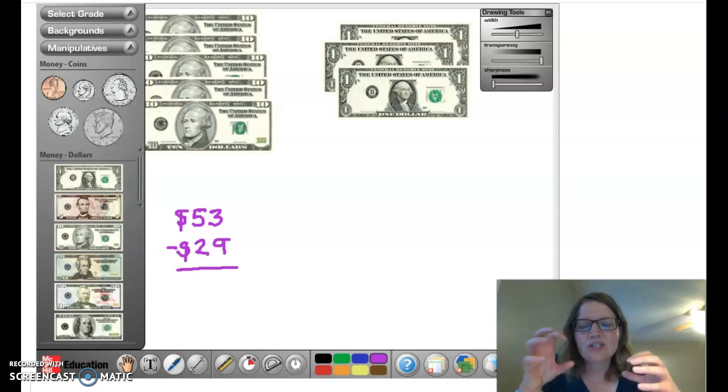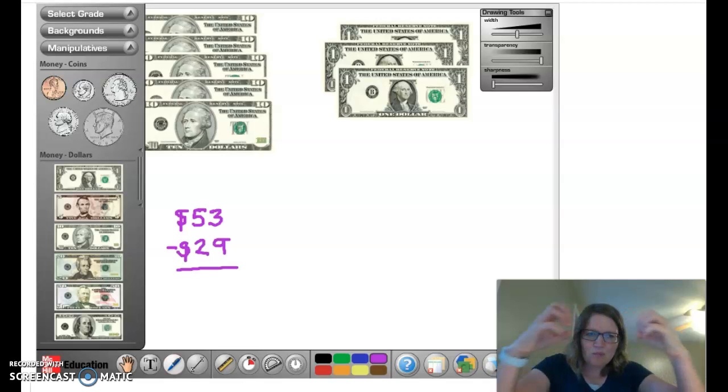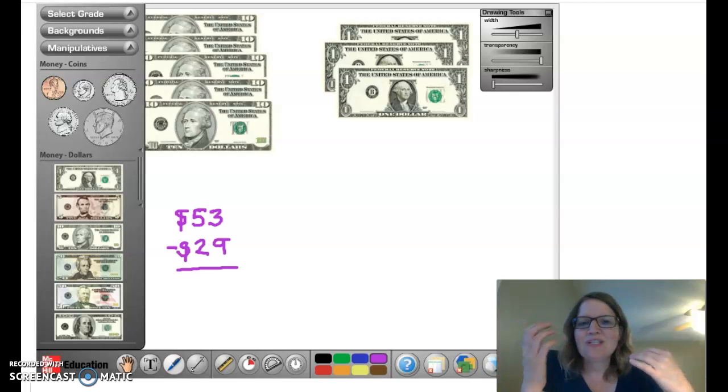As you know, when we're talking about subtraction, we're taking a big whole and breaking it up into smaller parts, taking things away from it, okay? In this situation, we have $53 and we spent $29 of it.